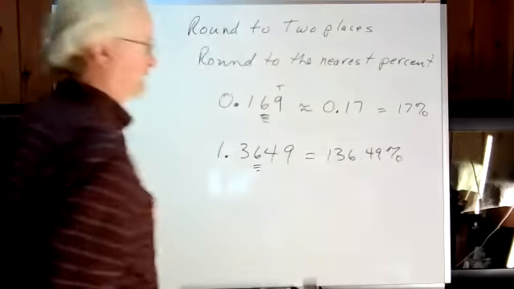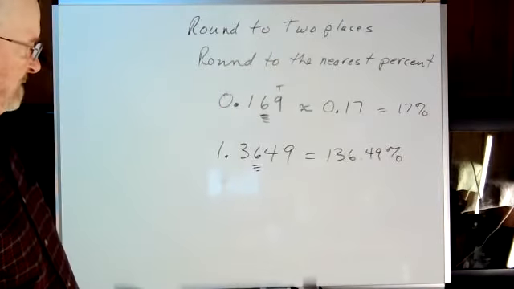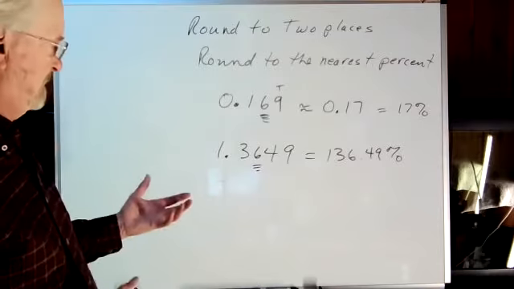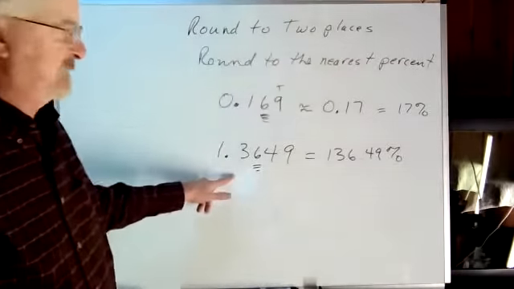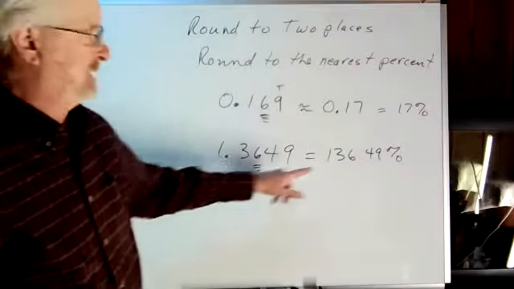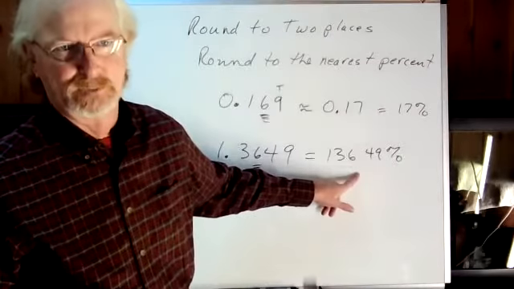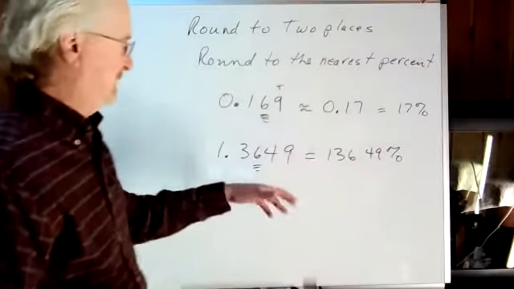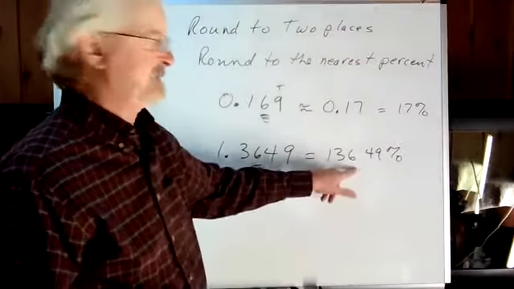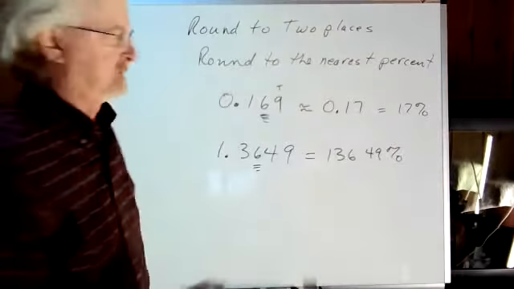Well, I guess I could still do it. Just have to remember, maybe that's the point I'm trying to make here, is round to the nearest whole percent. Don't round your decimal value to a whole number. You've got to round your percent to a whole number. Maybe turn it into the percent. Maybe I did say it backwards. Turn it into a percent. Now I can see I'm going to round it to 136.